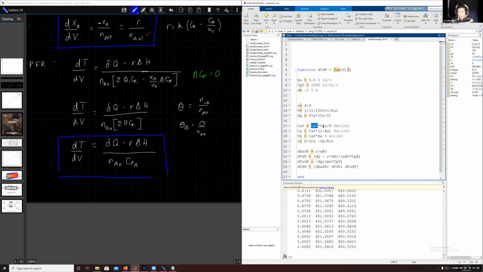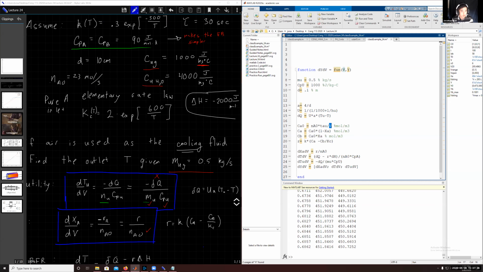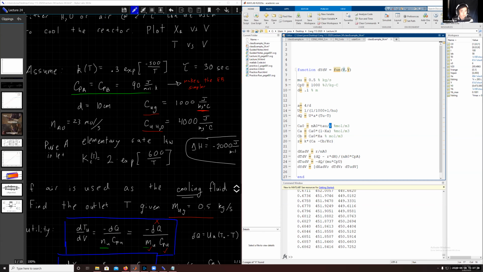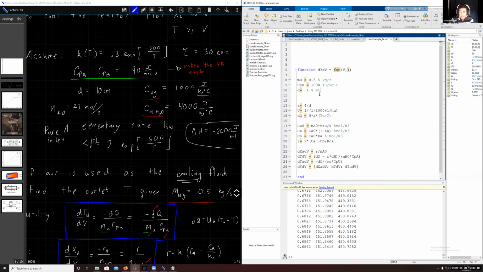We do need to specify our NA naught, which is given in our tau, as well as our V, which I don't think I specified, but V was 1 meter cubed. That was part of given information. So V is 1 meter cubed. NA naught is equal to 23 moles per second.